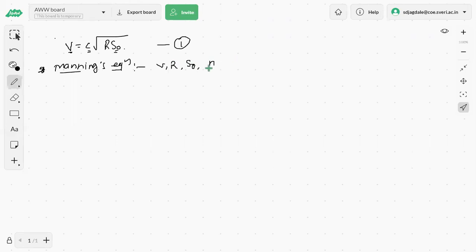He correlated all these with each other by the equation V is equal to 1 by n into R raised to 2/3 into S naught raised to 1 by 2. This is the equation. We are not going into the depth of how it was derived; we are directly considering the equation here.